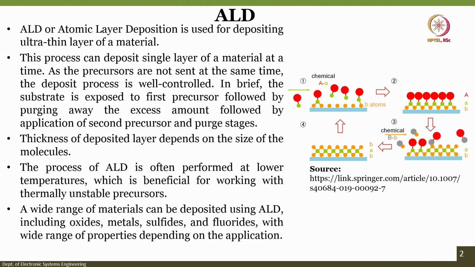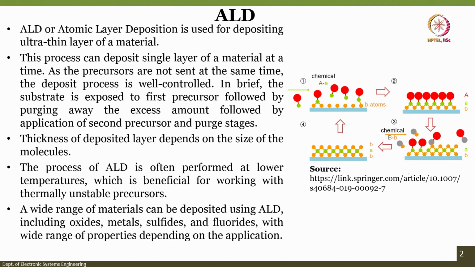Atomic layer deposition is often performed at lower temperature, which is beneficial for working with thermally unstable precursors, and the advantage is that a wide range of materials can be deposited using ALD, including oxides, metals, sulfides, fluorides, with a wide range of properties depending on the application.